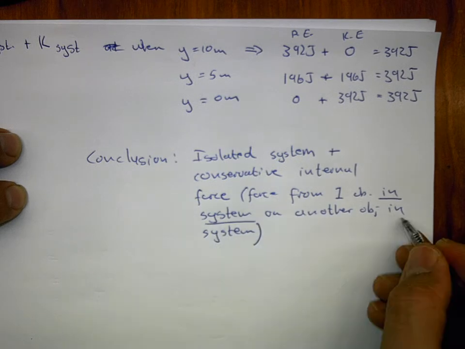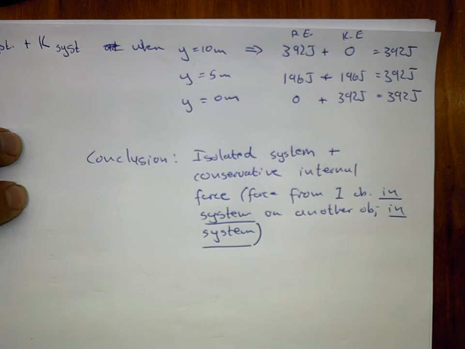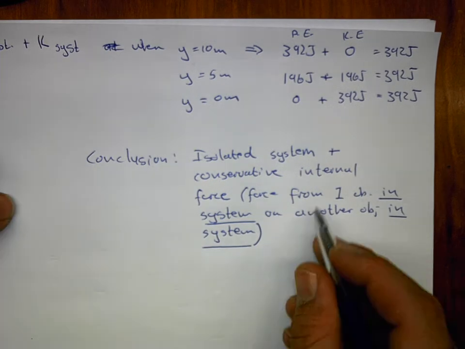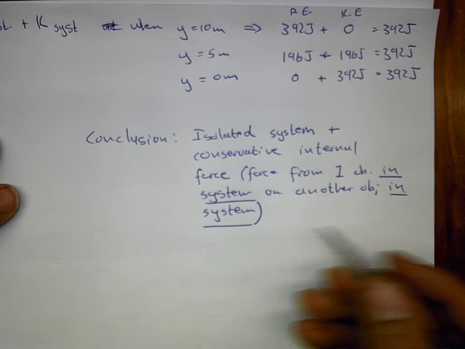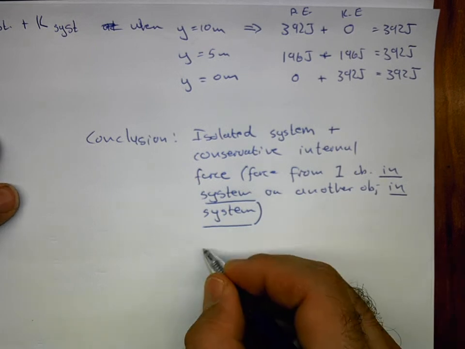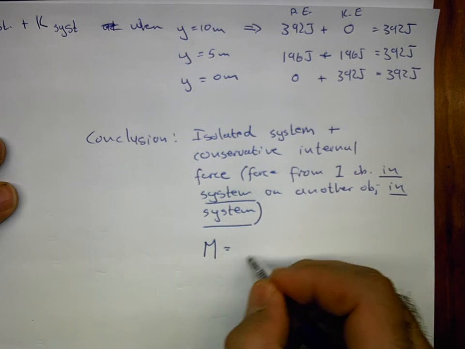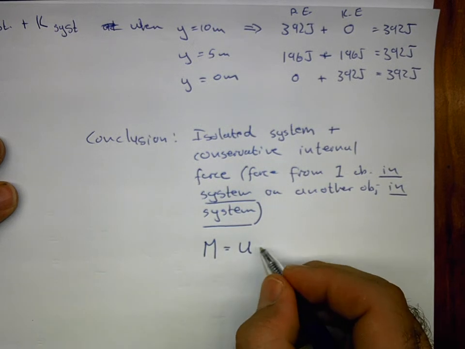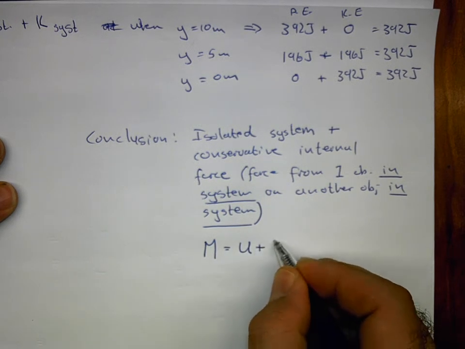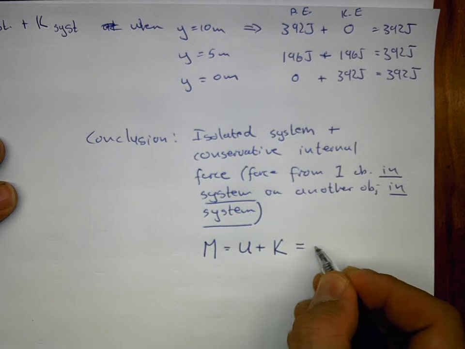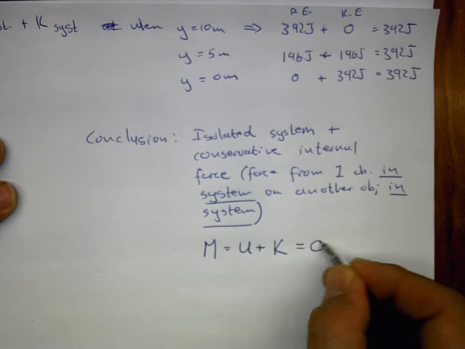It's always forces between things inside the system. What this would suggest is that if I define the mechanical energy as M, and I say this is equal to the potential energy at any point plus the kinetic energy at any point, that this is equal to a constant.